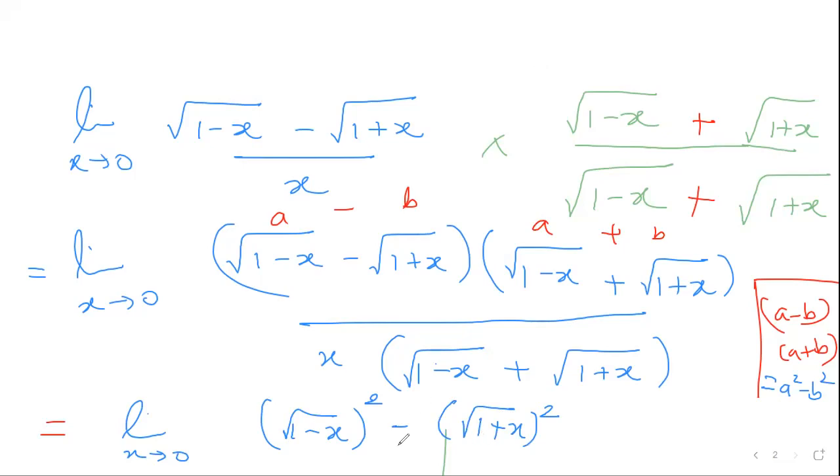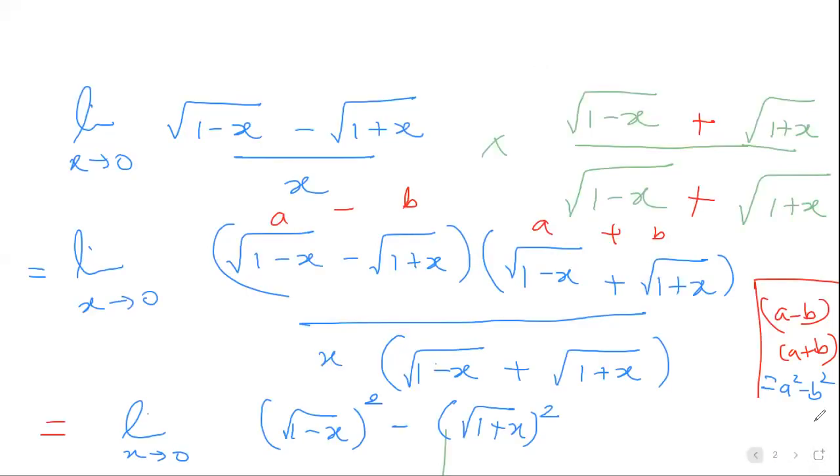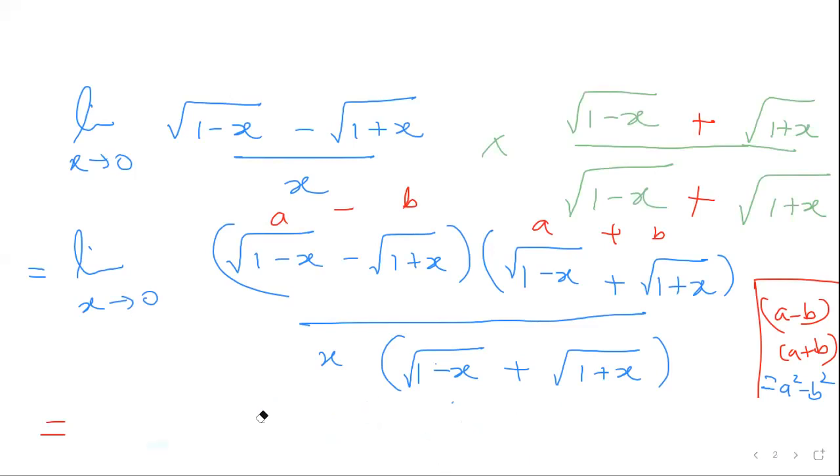So what you have to do next is simplify it. Denominator, I'll just write this on the next page. So what do we get here is, I'll prefer writing the entire thing on the next page.